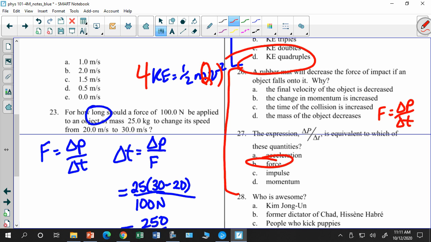Why does a rubber mat decrease the force? What does the rubber mat actually do to decrease the force? That's right. It just slows it down so it increases that time. So the delta t gets bigger, and if delta t gets bigger, then F gets smaller. So here, the time of the collision is increased.